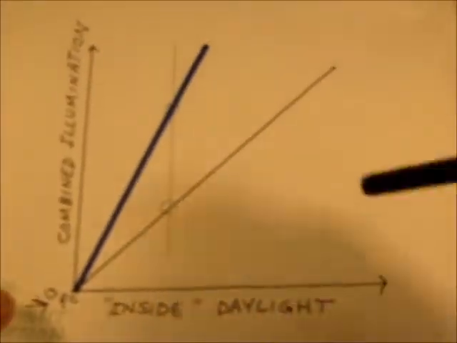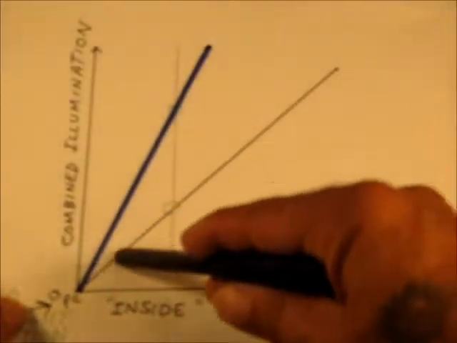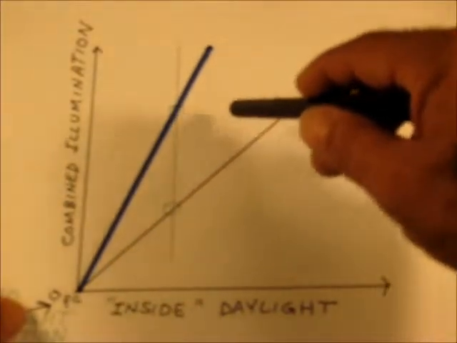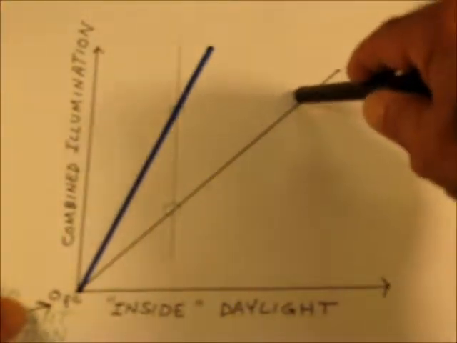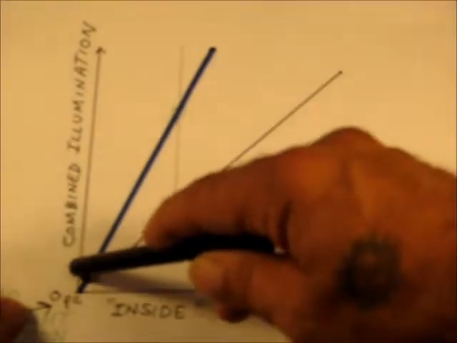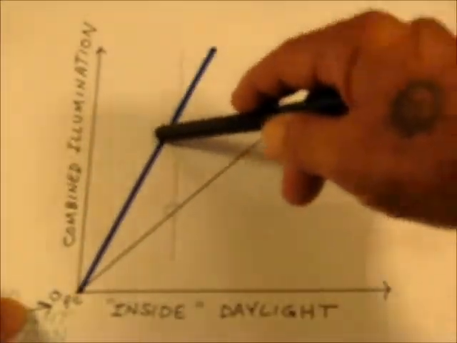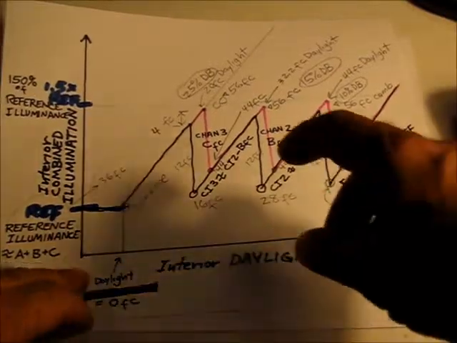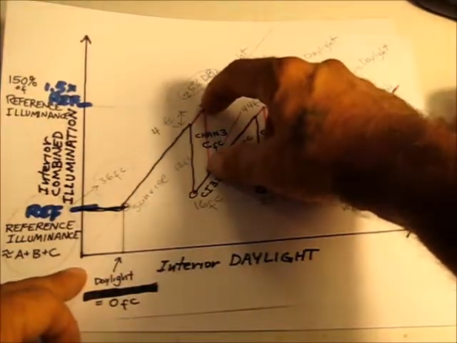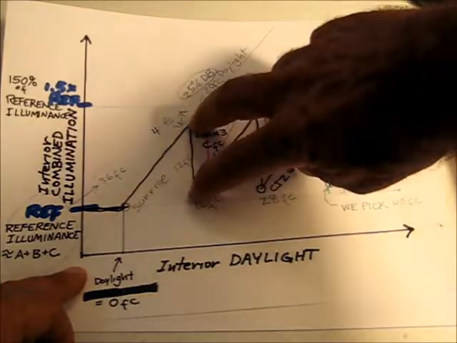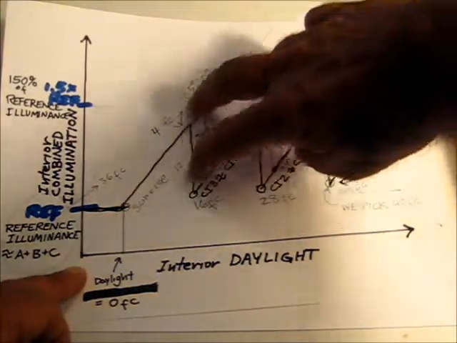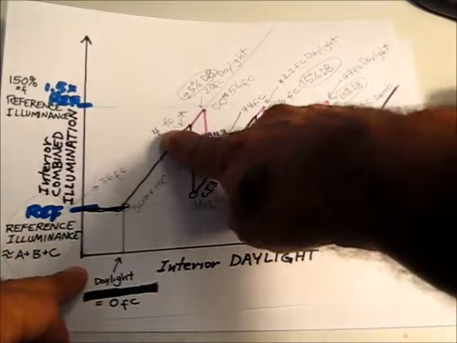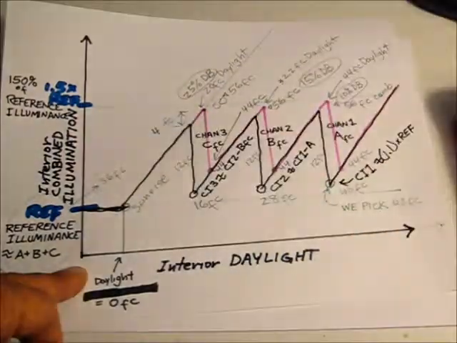So let's take a quick look at this. Remember, we're entering points on this line, the equivalent interior daylight illumination line, not the raw system sensor reading. Now we're looking at the difference here between sliding these electric lighting stages up and down, and it's based on interior foot candles.